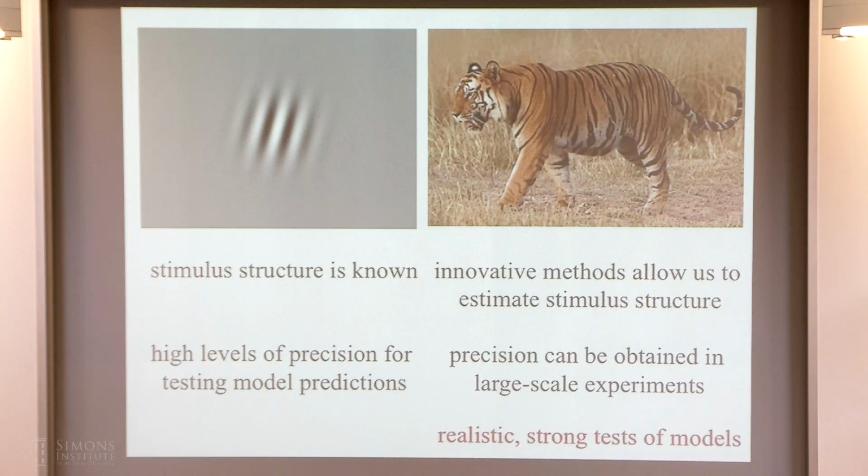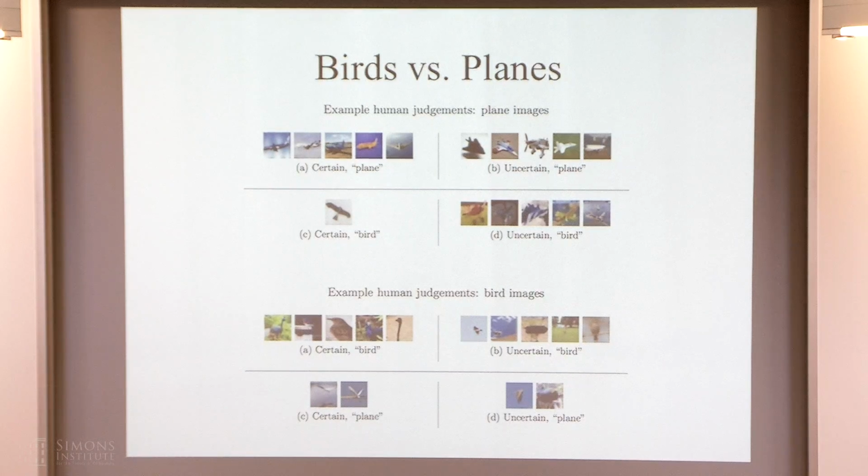And so we've taken a first step towards being able to do that, and this is actually what Rory's been working on, using a data set which consists of 300,000 human judgments of whether an image contains a bird or a plane for a set of 2,000 small images. So these are like CIFAR images. Our code word for this project is Project Superman. So people have to say whether it's a bird or a plane.